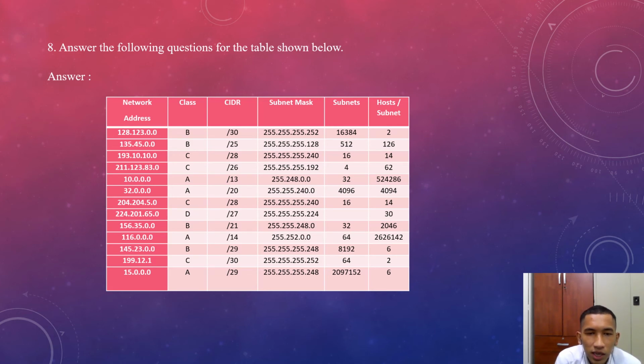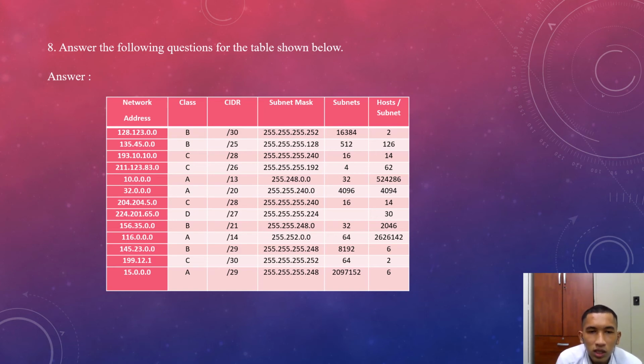Question number 10 is class A, CIDR is /14, subnet mask is 255.252.0.0, subnet is 64, host per subnet is 262140. Question number 11 is class B, CIDR is /29, subnet mask 255.255.255.248, subnet is 8192, host per subnet is 6.